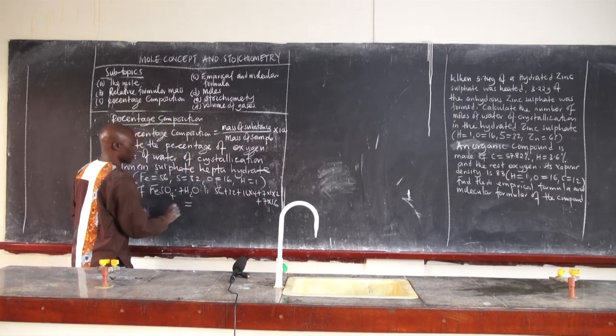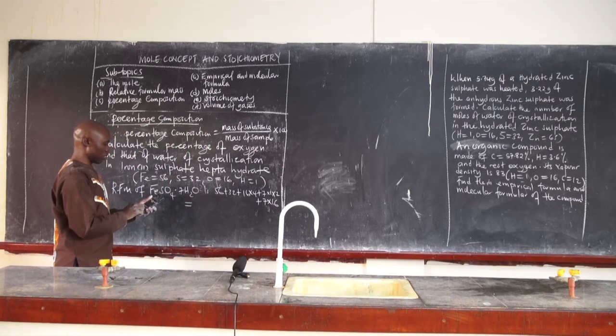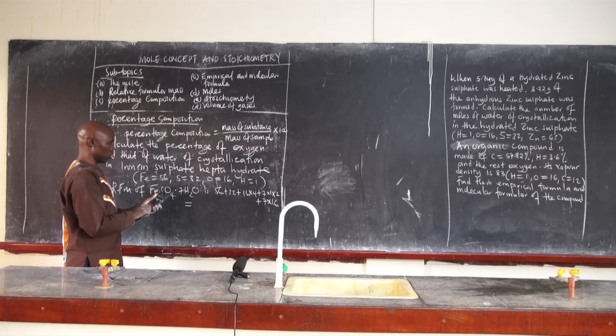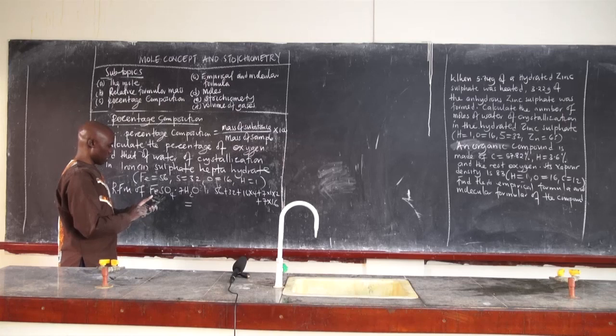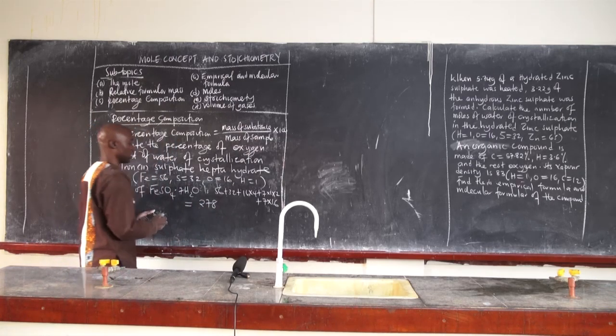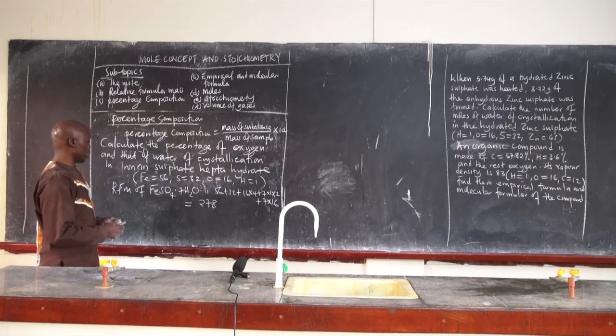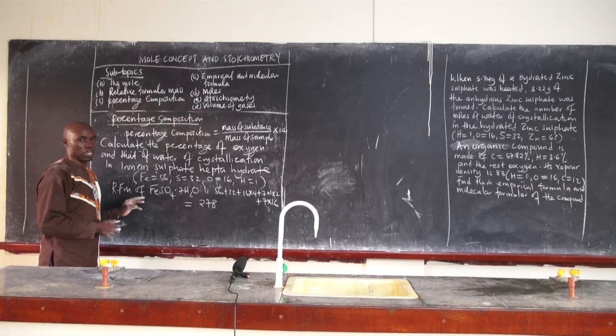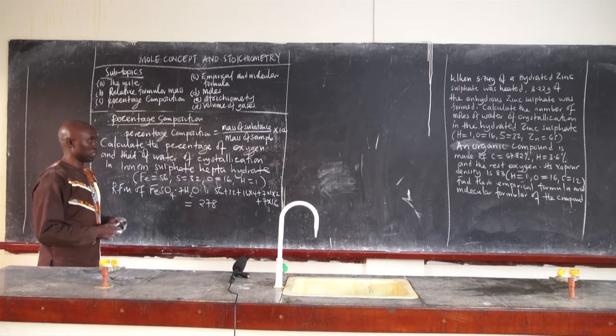So that's 56 plus 32 plus 16 times 4 plus 7 times 2, then plus 7 times 16, giving us about 278. 278, don't put units here. If you want to put units, use the word molar mass or molecular mass.